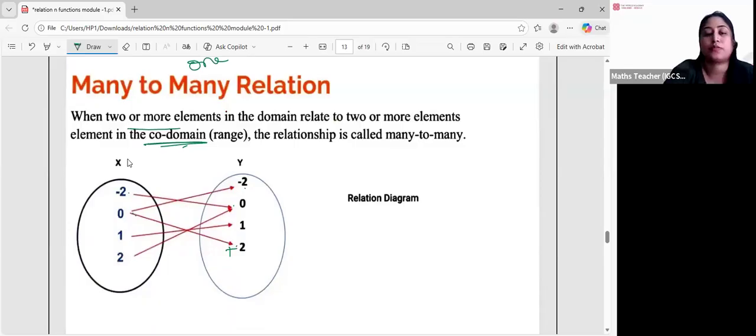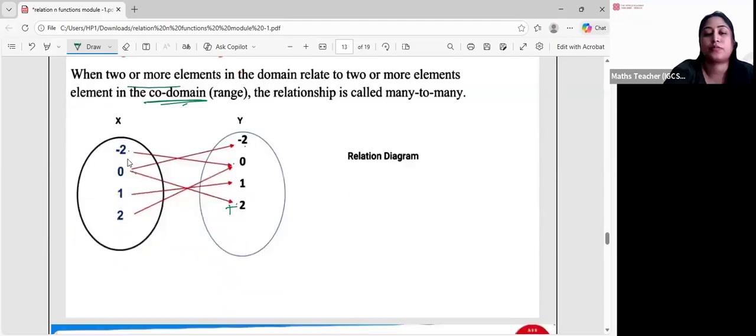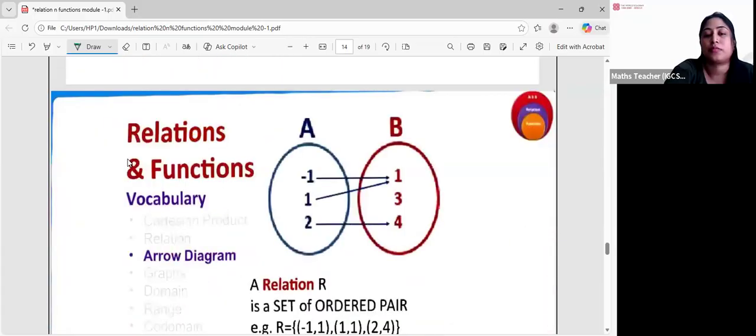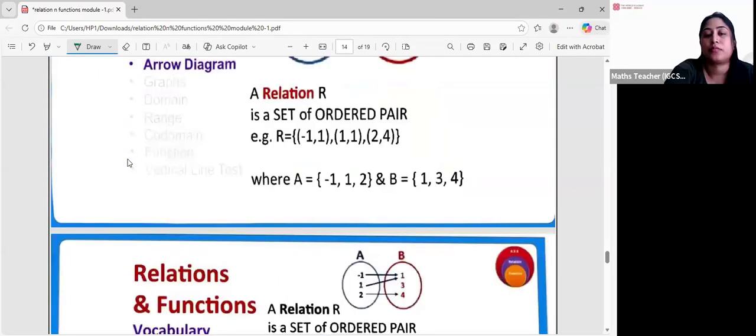So we already learned the arrow diagram. Again, graphically, we can write it, since we know how to mark ordered pairs. Minus 1 is from the x-axis, plus 1 is from the y-axis. Minus 1 to plus 1. Again, plus 1 to plus 1, 2 to 4. Correct? So this is represented graphically.